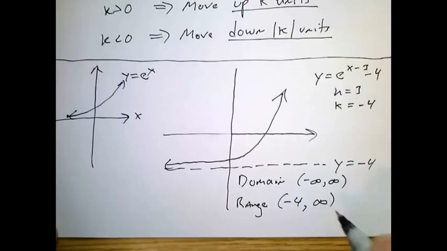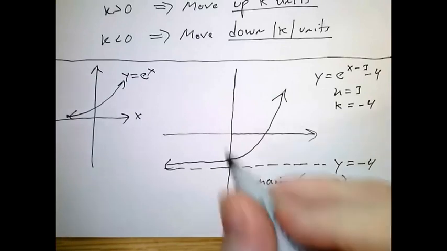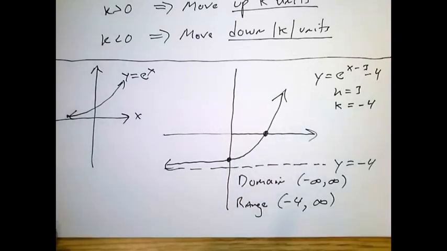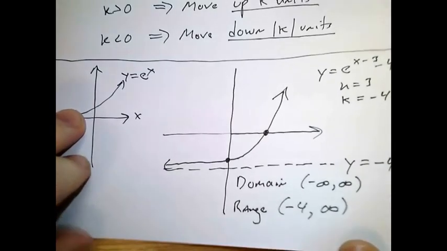Negative 4 to infinity. So this means that we don't actually include negative 4, but all the numbers above negative 4. So what's left to do here is we want to find these intercepts. We want to find this point and this point here. So I have to think about intercepts now.